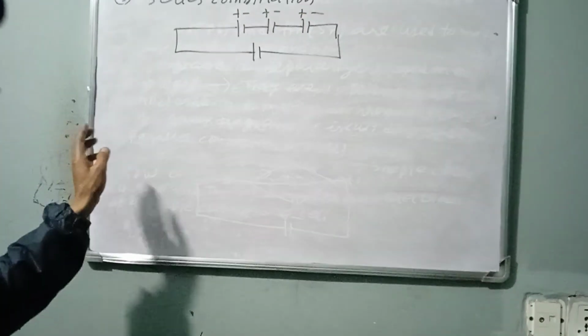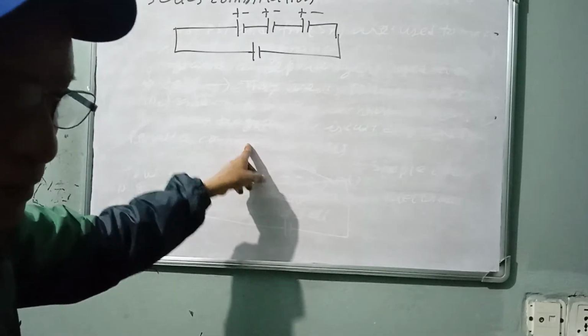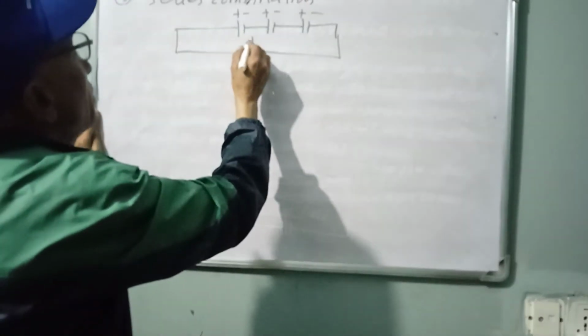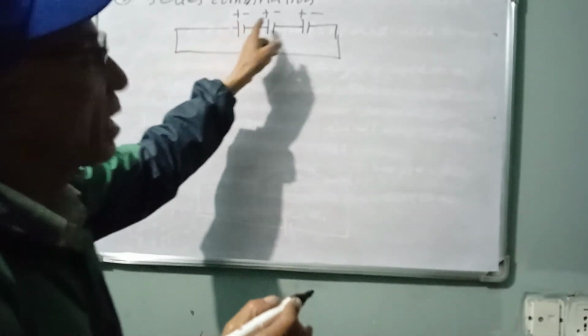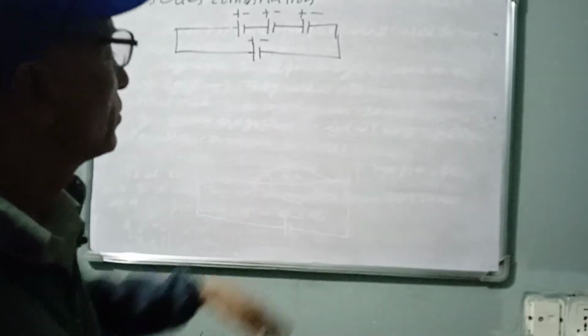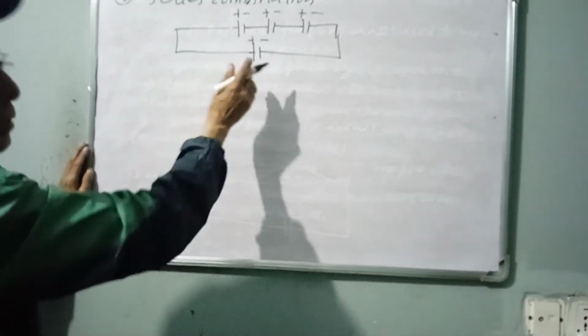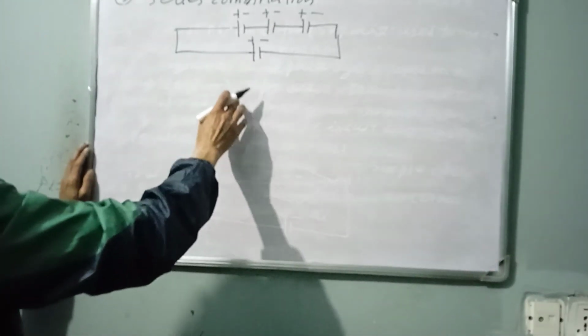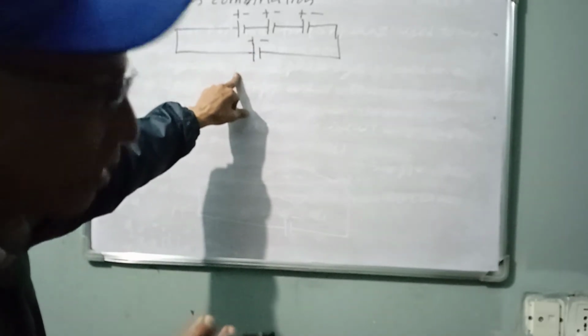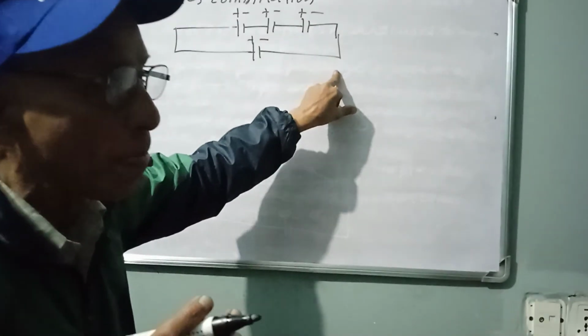In the parallel connection, all the positive terminals are at one point and all the negative at another point. But in series connection, positive of one joins negative of another to get high voltage, low current. And here brightness depends upon the number of cells, and it does not last for a long time.